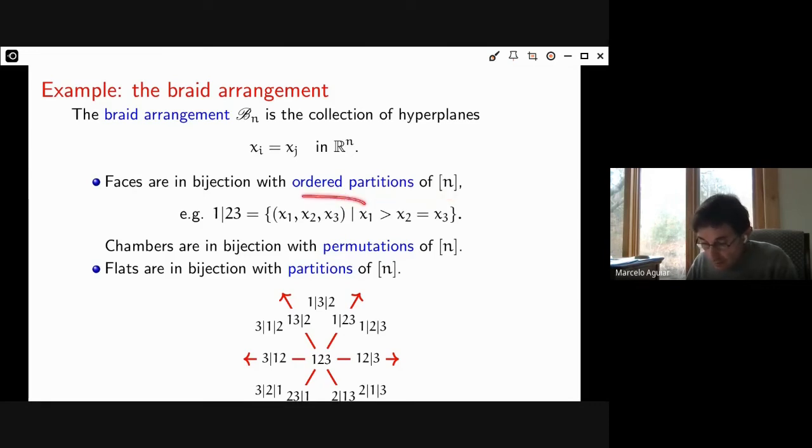When you think about defining faces, which is imposing inequalities defined by these half spaces, you get sets of this kind where what you are saying is, well, the variable x1 is more than the variable x2, and the variable x2 is equal to the variable x3, all sorts of things like that. Those are faces. All that information is captured simply by an ordered partition, meaning I have put 2 and 3 in one block, and I have declared that the element 1 should come before 2 and 3. And that captures the same information or determines this set.